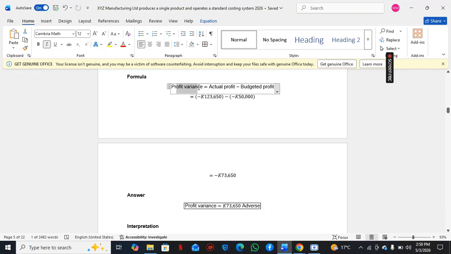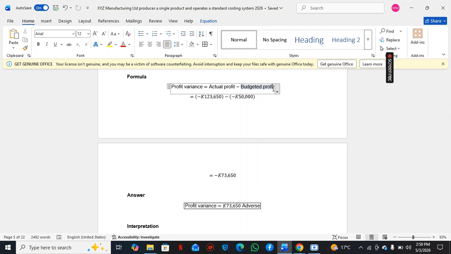So profit variance is actual profit minus budgeted profit. In other books, you might see budgeted profit minus actual profit. When you switch the two, it just means your interpretation is going to be different.